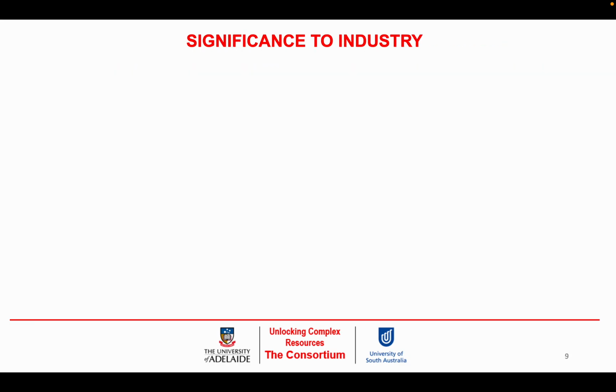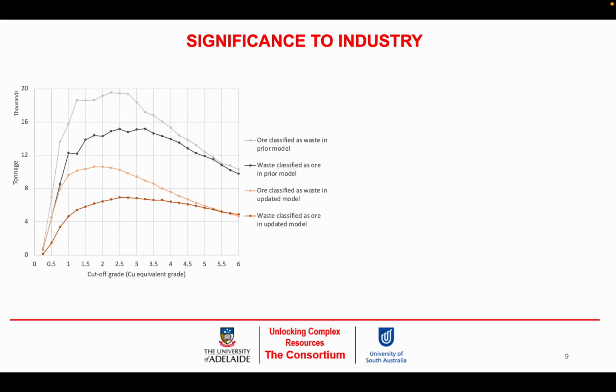As mentioned earlier, the main focus of this project is on using small-scale grid heterogeneity to further improve mining selectivity, and I believe it is of great benefit for the mining industry. Here are a couple of figures to illustrate the benefits. For example, we use the number of misclassified mining units when demonstrating the application of rapid resource model updating, such as ore mining units misclassified as waste and waste mining units misclassified as ore.